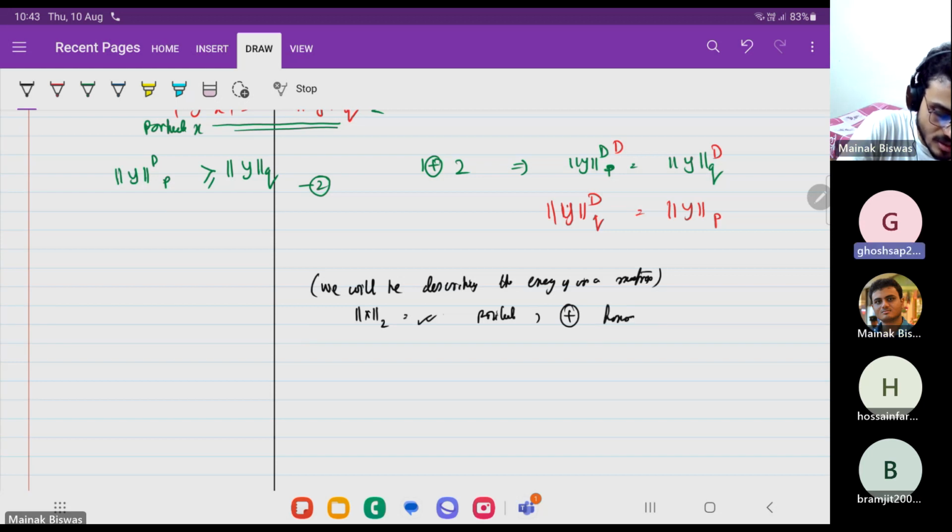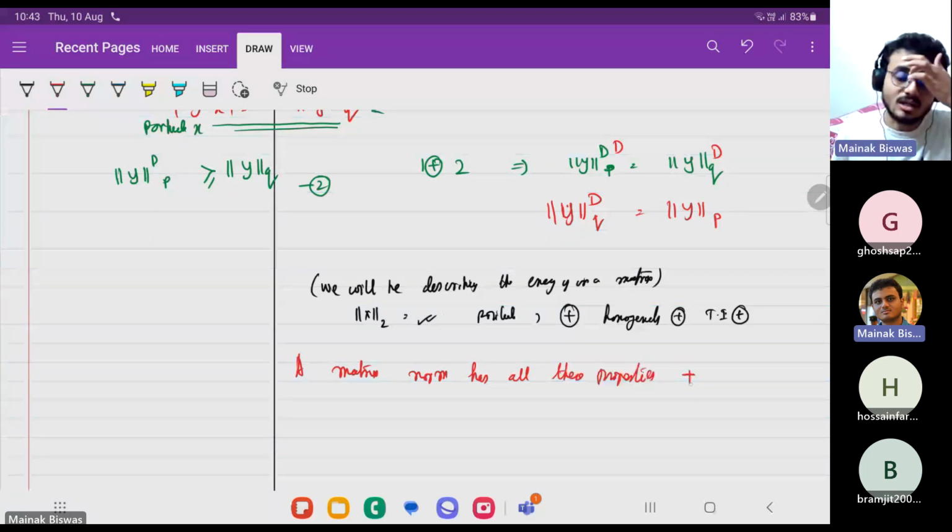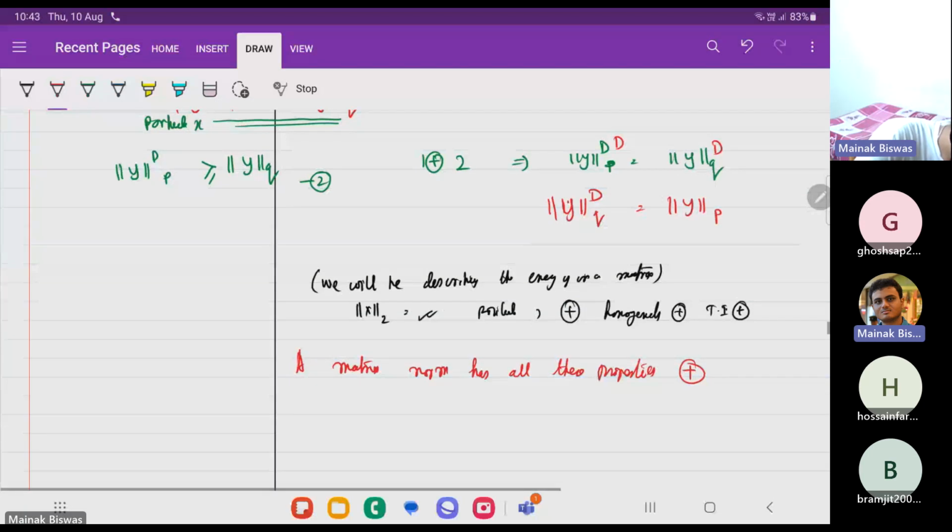Homogeneity, plus triangle inequality. A matrix norm has all these properties. Plus, it also has what is called multiplicativity.